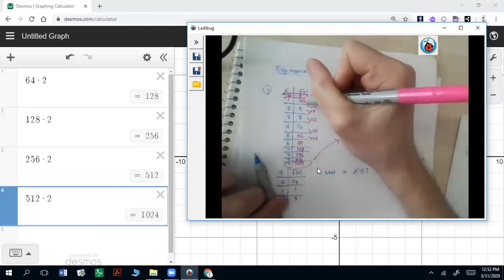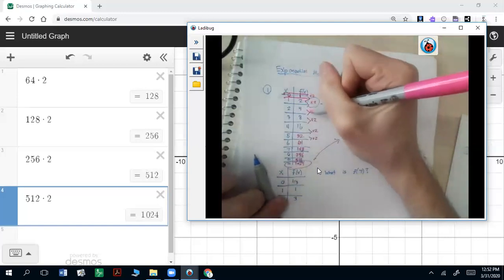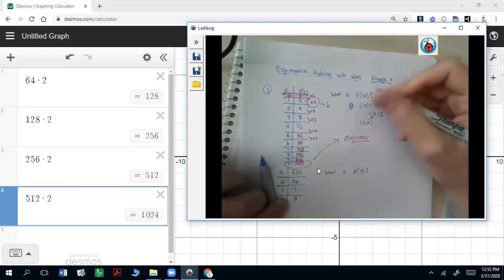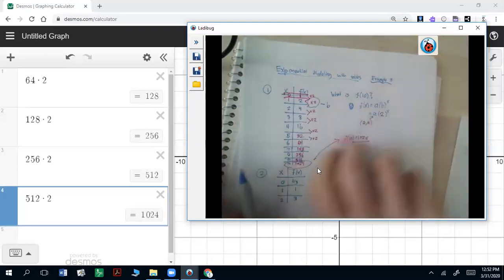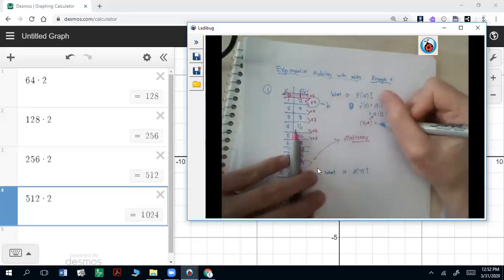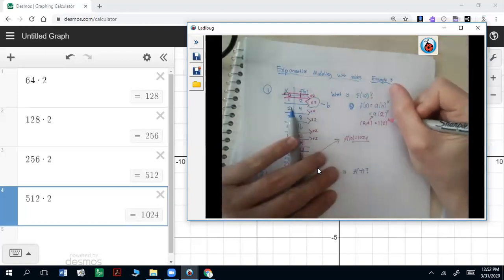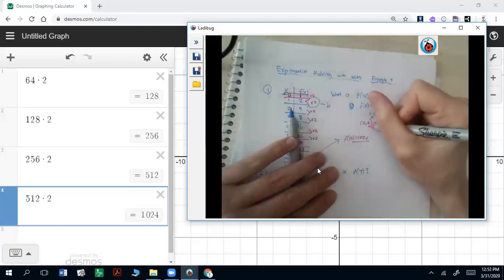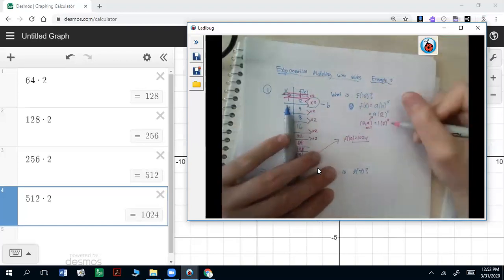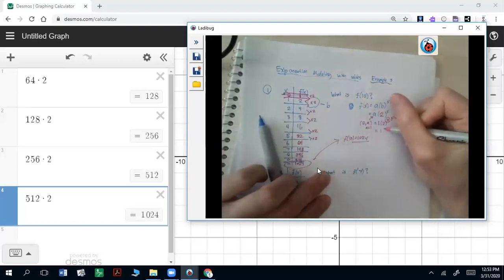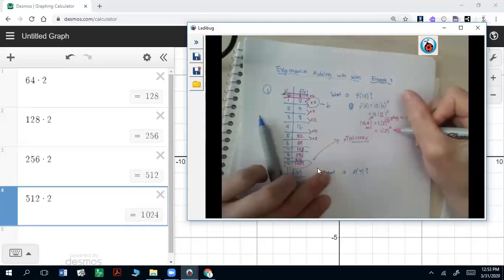So 1 times 2 is 2, 2 times 2 is 4, 4 times 2 is 8, 8 times 2 is 16, and so on. So if I know my a value is 1, then that's going to be 1 times 2 to the x power. So now I can just plug in 10. 1 times 2 to the 10th power.